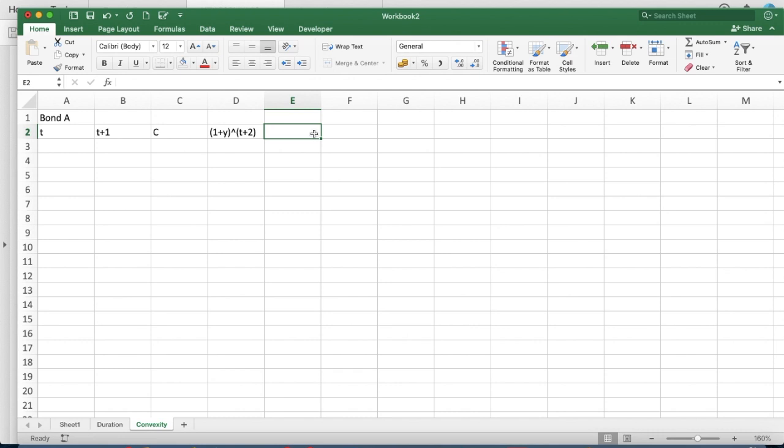So we have here the final payment and also the 1 plus y power n plus 2.